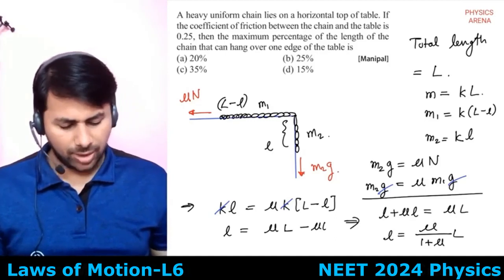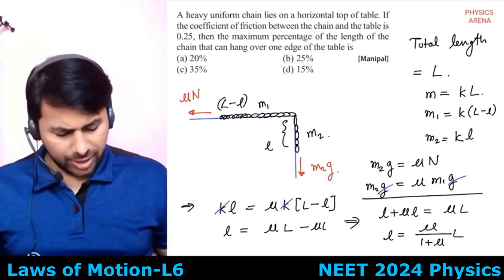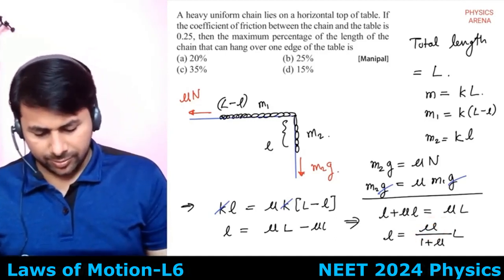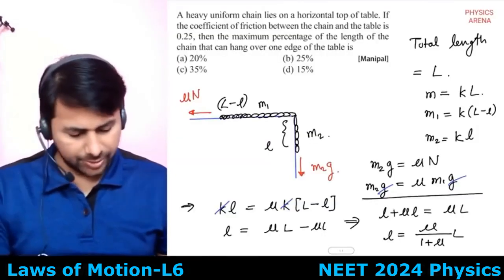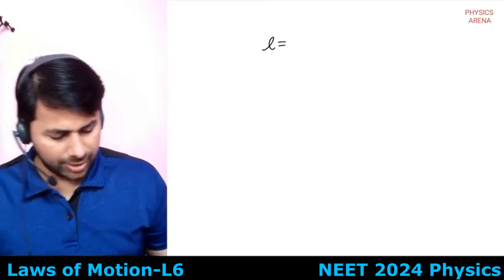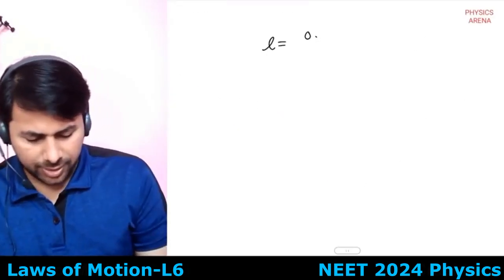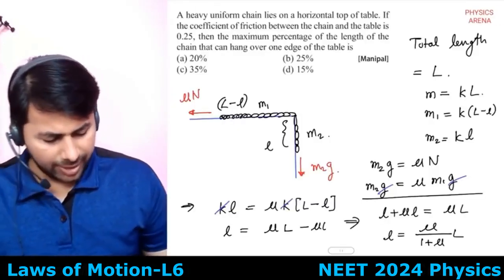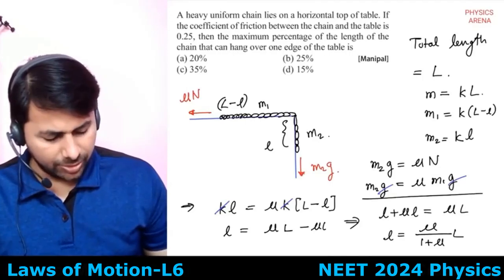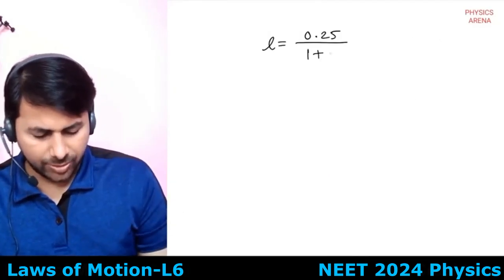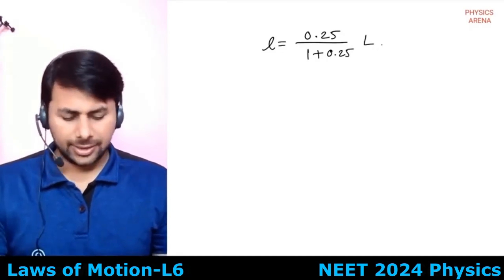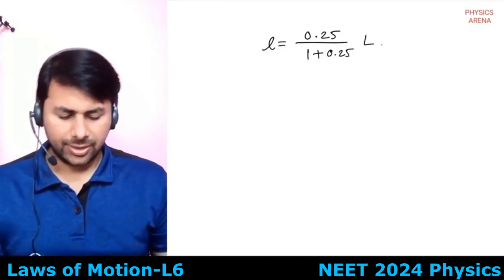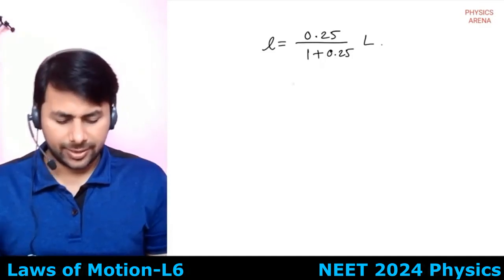So how much is that? You can put mu equal to 0.25. So we have l equal to 0.25 upon 1 plus 0.25, and you want the percentage length. So let's multiply this by 100.